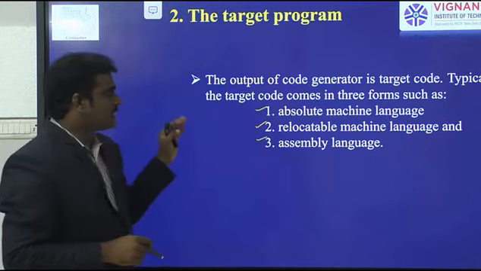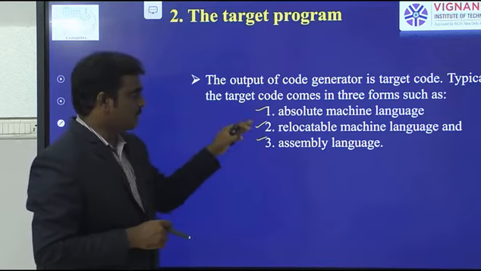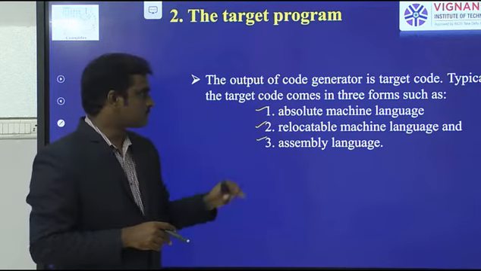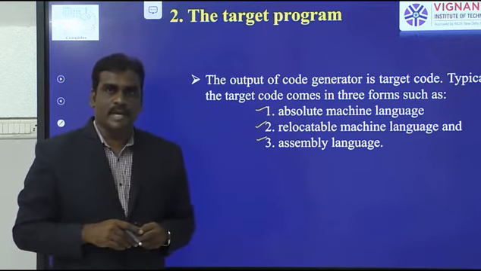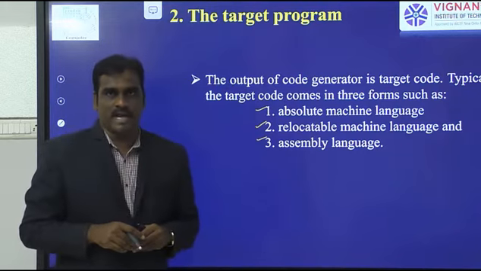So typically the target code comes in 3 forms: absolute machine language, relocatable machine language, and assembly language.